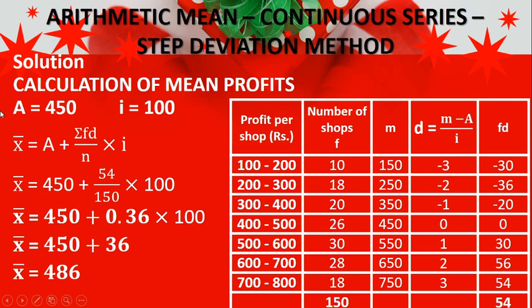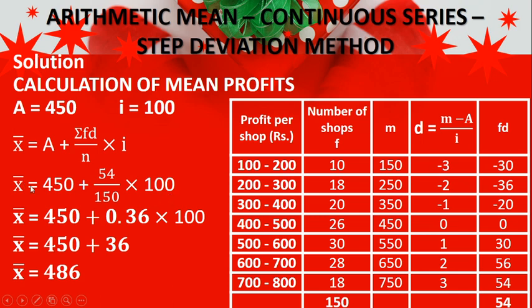Now going back to our formula, A is 450, which we assumed, plus sigma FD. Total of FD is 54, divided by N. N is the total of frequency, so that is 150. 54 by 150 into the class size. I told you already, the class size is 100.